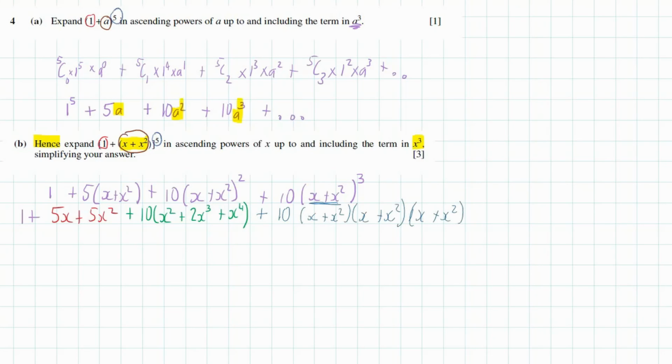Now if you look at that carefully, you can see that the smallest power of x you can have is going to be this one here, x times x times x, which is x cubed. There are no other ways of making an x cubed here. So hopefully you can see that everything else from that is unnecessary. We just need the 10x cubed.